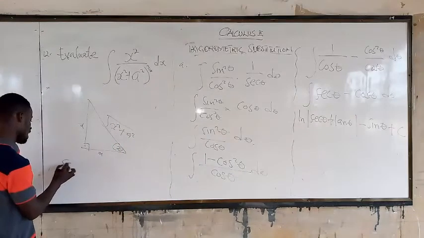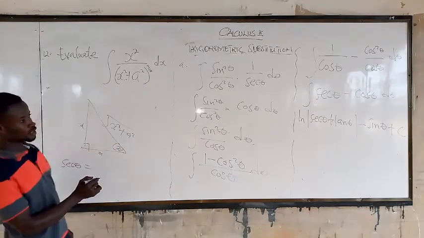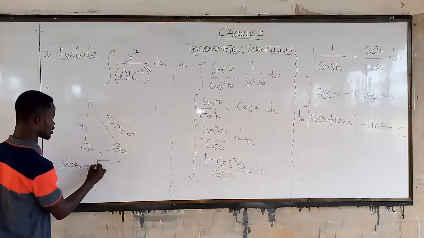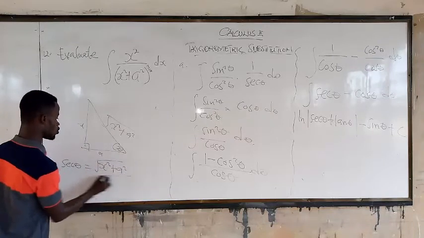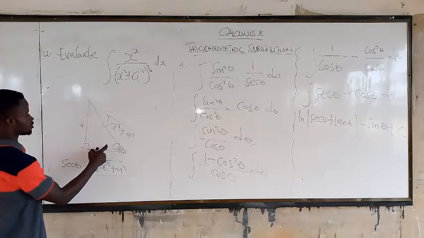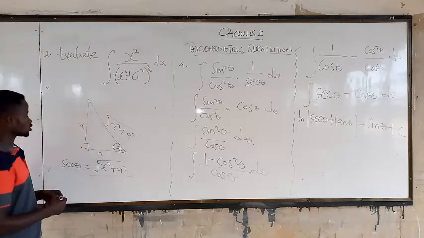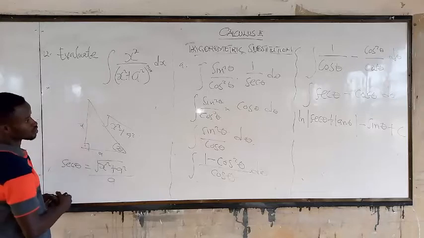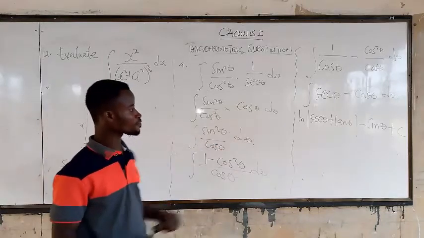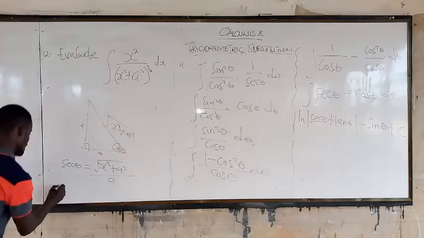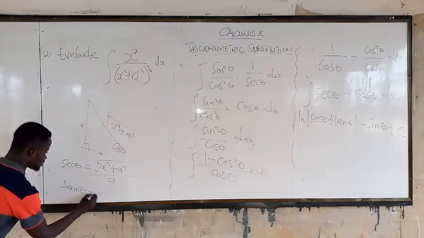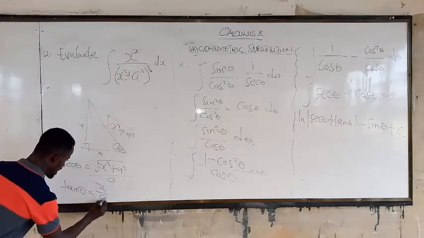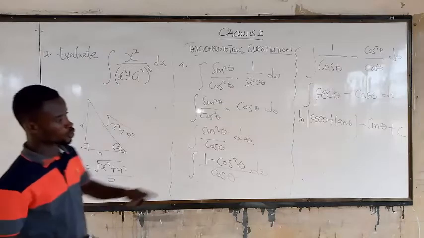So sec theta is the hypotenuse over the adjacent, and that is a. We also have tan theta, which is equal to s over a. And we also have sine theta.